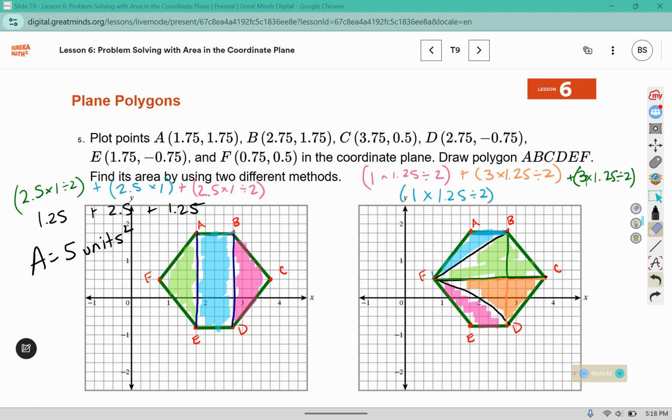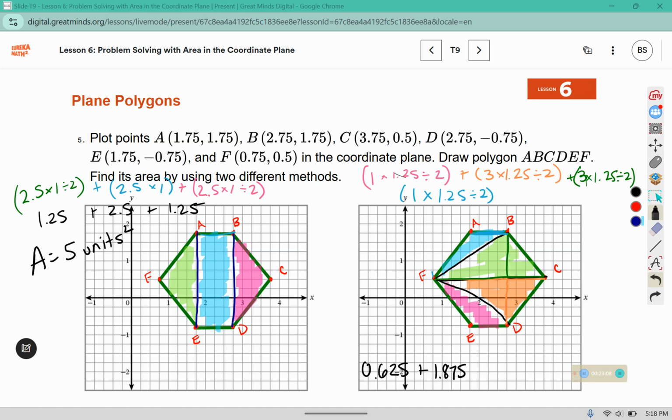If we break up all those pieces into how much area they have, 1 times 1.25 divided by 2 is 0.625 for the pink part. Then the orange part, 3 times 1.25 divided by 2 is 1.875.